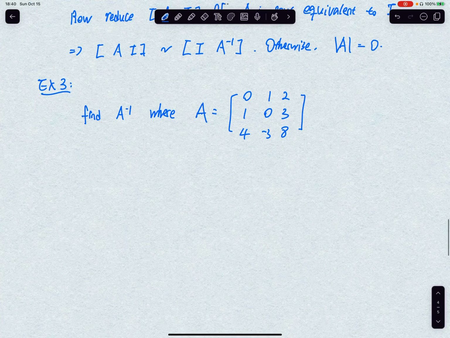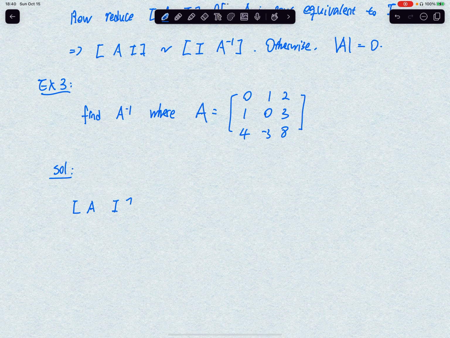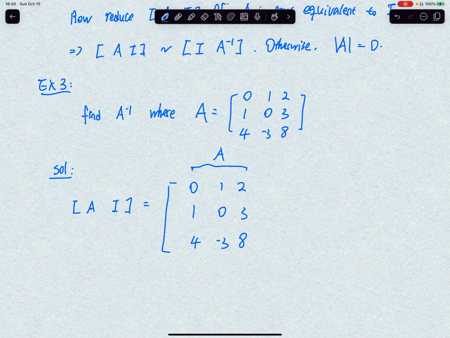Our solution follows: first we construct the augmented matrix [A I], which is A, 0, 1, 2, 1, 0, 3, and 4, minus 3, and 8, and then the identity matrix.